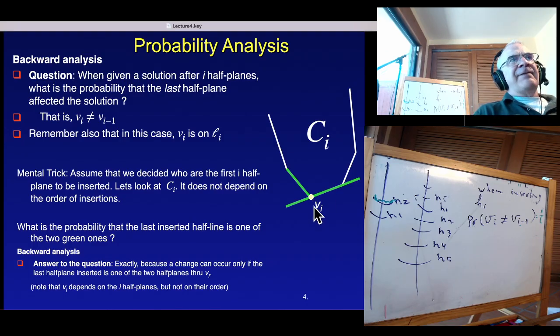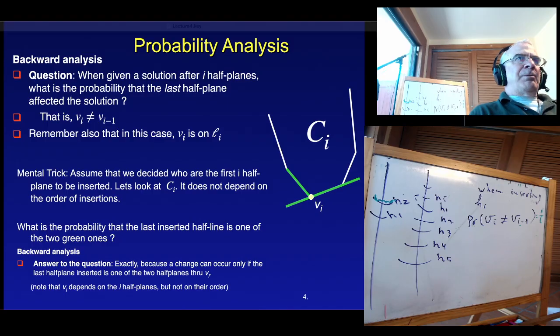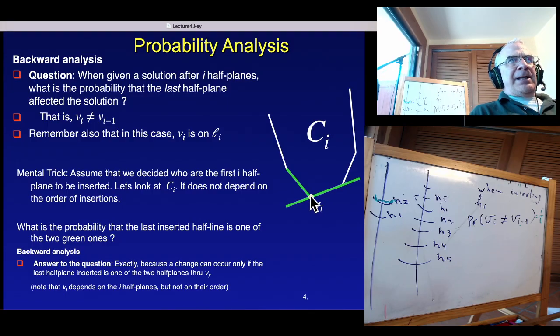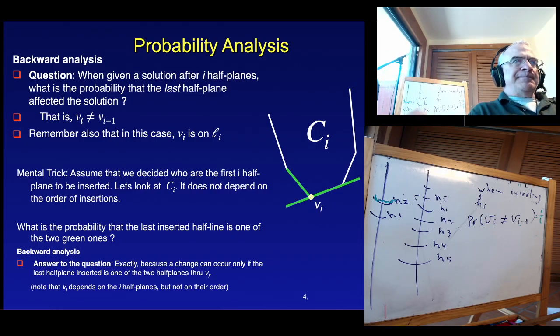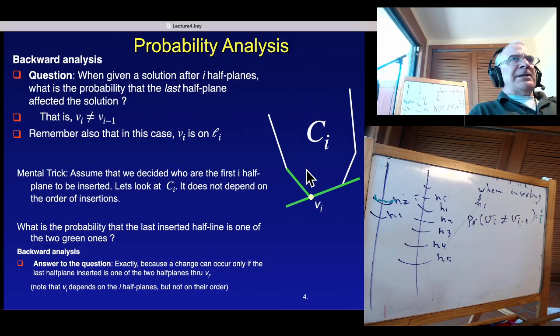Well, if the last half plane changed the optimum solution, if age i caused the problem, then the new solution must be on the line bounding vi. If I violate something, at least the new solution is on my boundary. So when I look at this picture, if I had a violation at the ith step, then I am one of the half planes that defines vi.